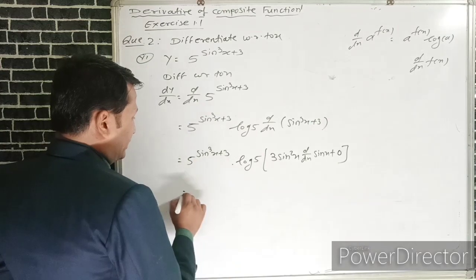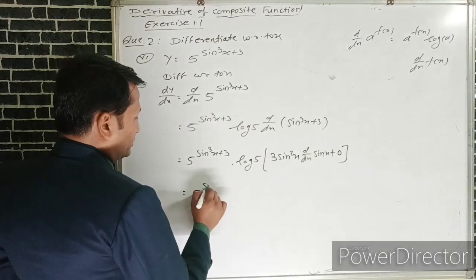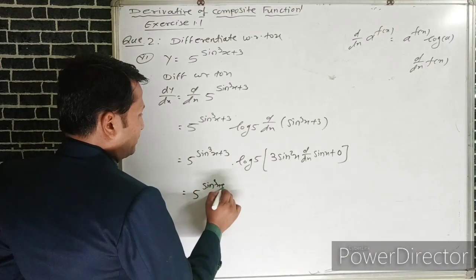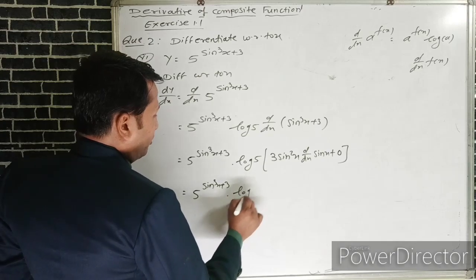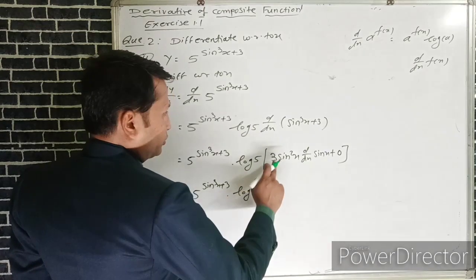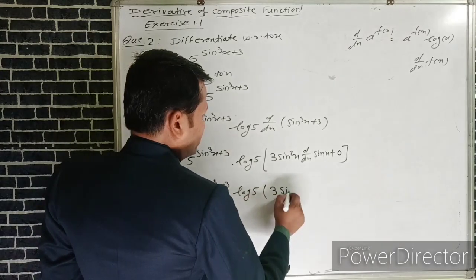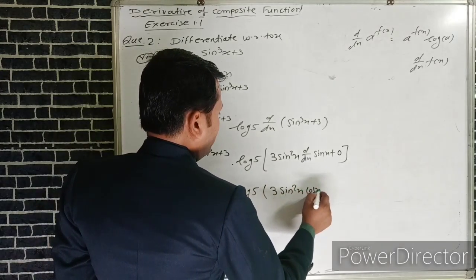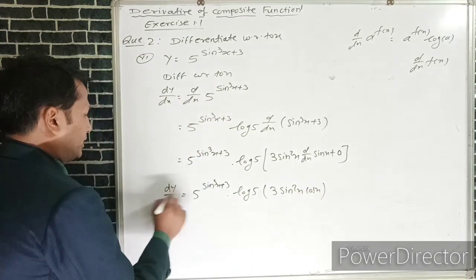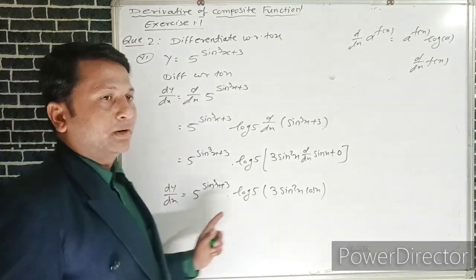Hence we can write it 5 raised to the power sine cube x plus 3 into log of 5 into 3 sine square x into cos x, which is the required derivative of y, dy upon dx.